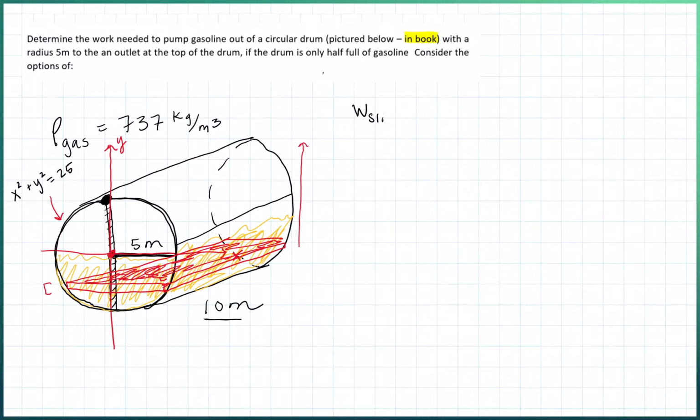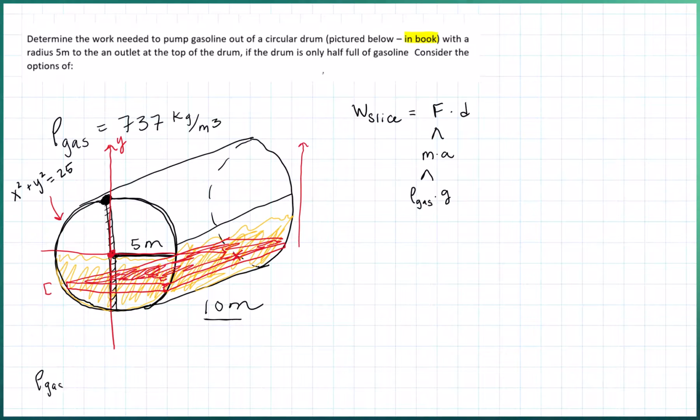So the work for an individual slice, and again, I'll go through the theory one more time here. When we calculate work, work is force times distance, but force is mass times acceleration in physics principles, and mass is density, and it's density of gas in this case, times gravity. Now we remember that our density is this constant we already have over here.